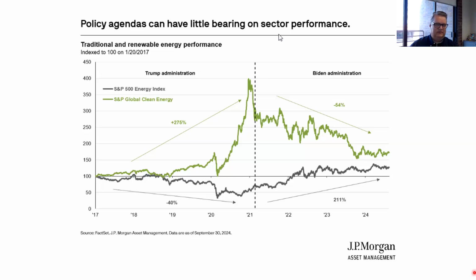Democrats are more associated with clean energy and incentivizing the growth of that sector. But during Biden, it was on a decline, and the broad energy sector was on an upswing.